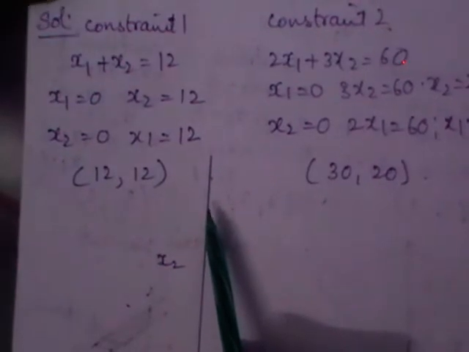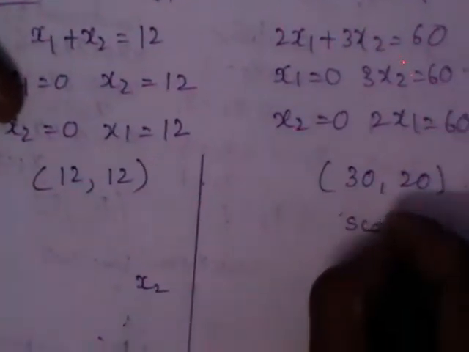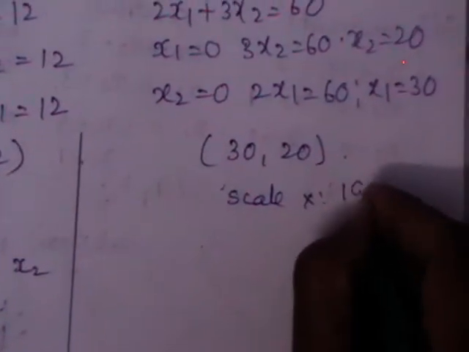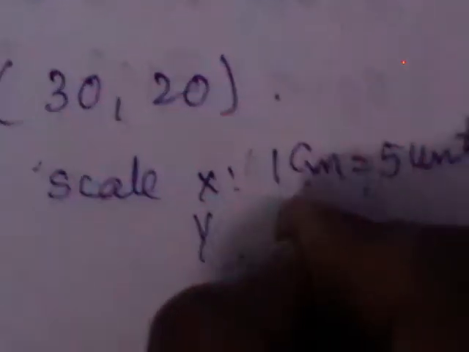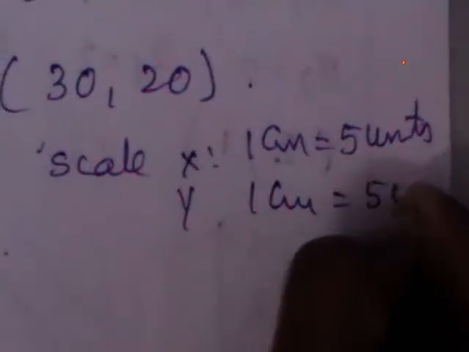Here take one of the variables on the x-axis and the other on the y-axis. You can take the graph with a scale like 5, 10, 15. You can consider the scale on the x-axis as 1 centimeter equal to 5 units. On the y-axis also 1 centimeter is equal to 5 units.